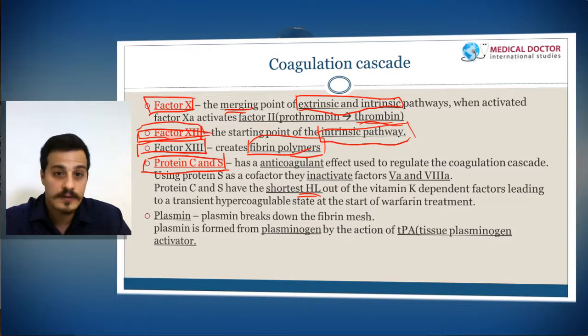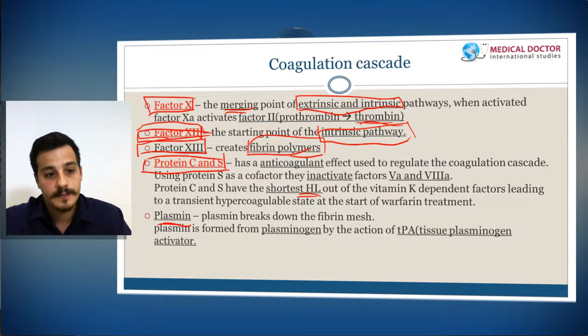This is caused because protein C is also dependent on vitamin K, and its inactivation would occur much sooner than the rest of the factors, and because it has an anticoagulant effect, the net effect in the end would be a hypercoagulable state. And so we can often see a transient hypercoagulable state, which more often than not is associated with tissue and skin necrosis.